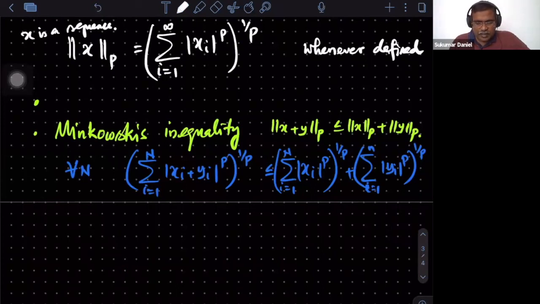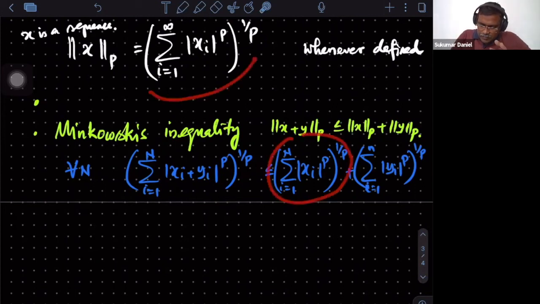Again, I quickly say that, but please discuss and then make sure you are understanding that part. Look at each of these parts. This is nothing but the partial sum, 1 to n, of this series.